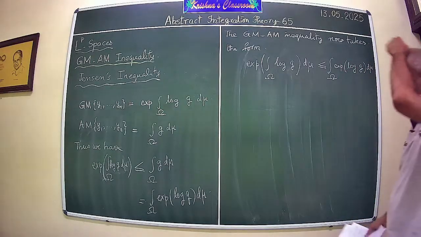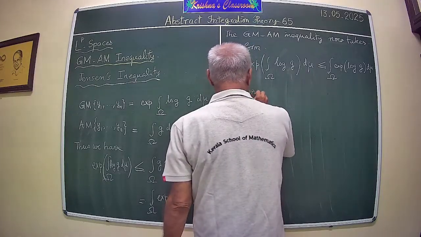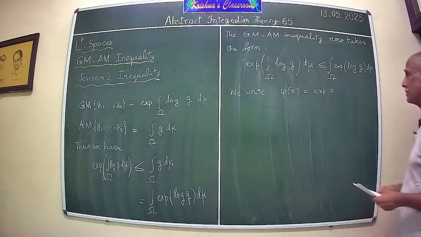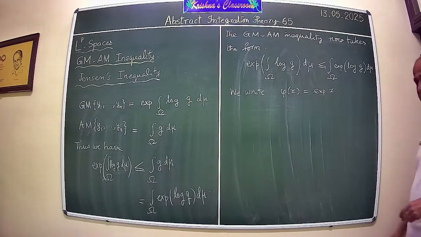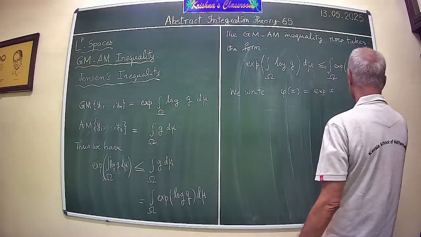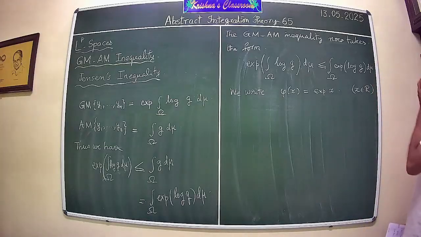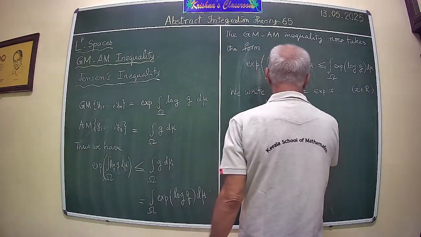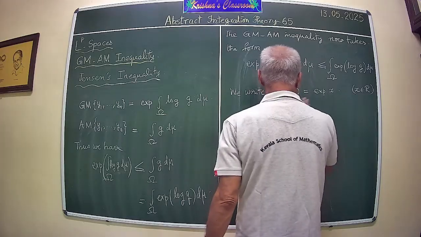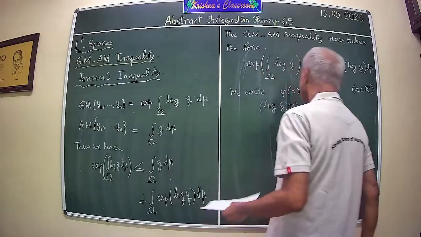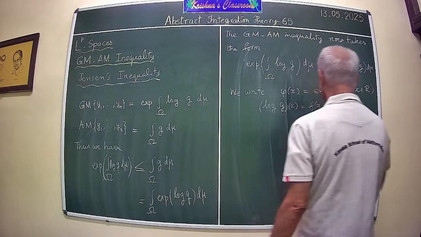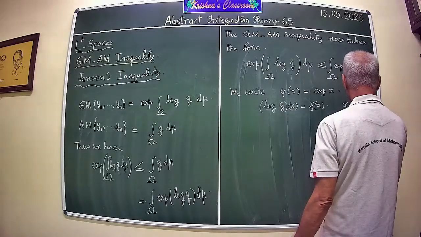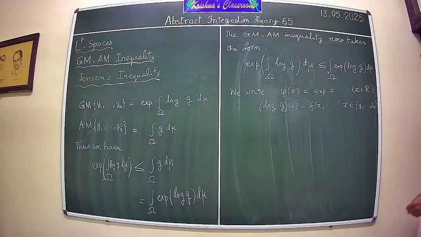Now we do one more thing. So we write exponential x for every real number x. In fact, now log G, write as... Okay.